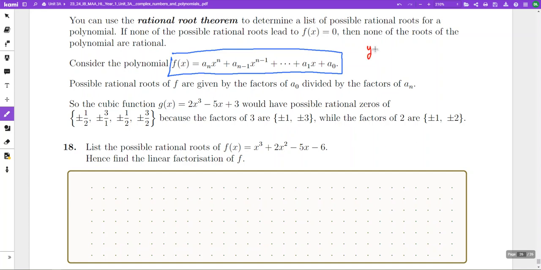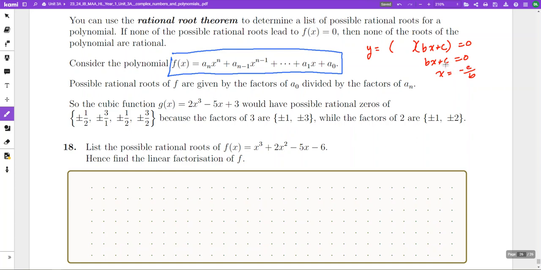Let's say that you had y equal to some polynomial written in factored form, and one of the factors was bx plus c. Well, if that polynomial is going to be equal to 0, then one of the factors must be equal to 0, and if we solved, we'd see that we would have x equal to negative c over b.